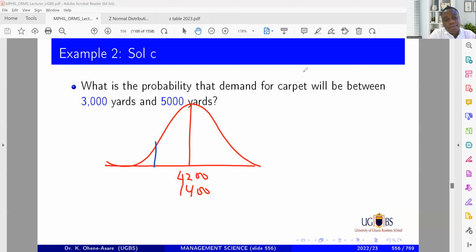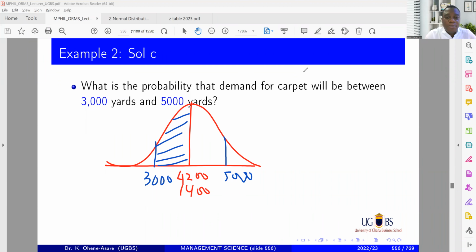Then 5,000 will be after the 4,200, and I'll shade the middle of it, between 3,000 and 5,000.